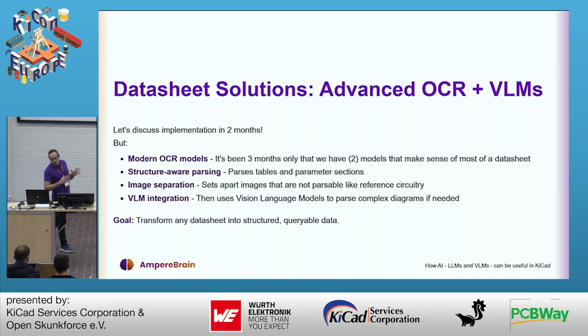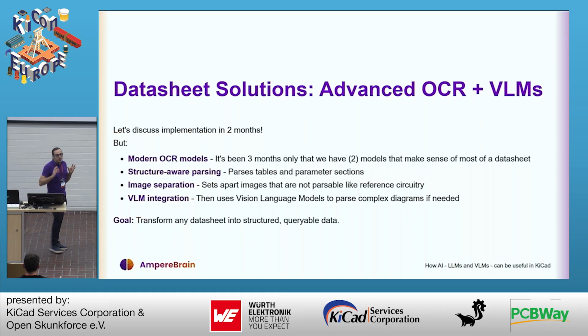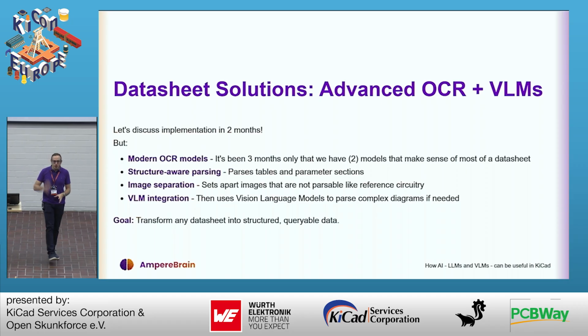I'm going to speed up a little bit. So the solutions right now: it's only been 2-3 months that we actually have OCR models, optical character recognition models, though it's LLM plus VLM. Anyway, they're quite complex models that can actually parse a datasheet in a way that makes sense. When you look at what's been parsed, you're like, yes, that's my datasheet.